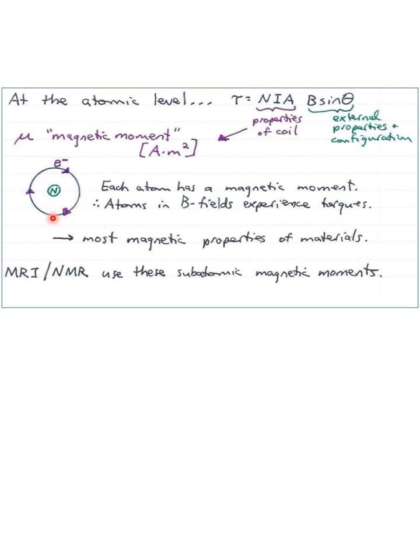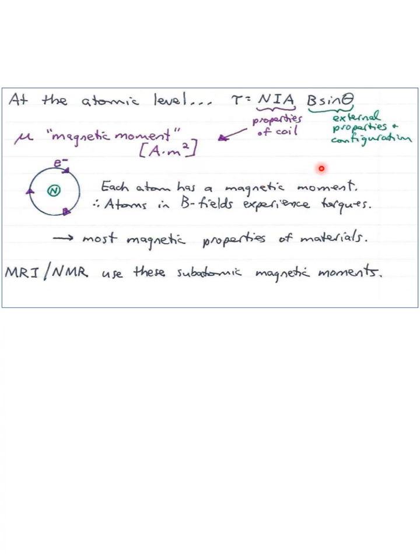So you think you have a moving electron and there is some area there. So those aspects are of the coil, whether we're talking about a washing machine motor or an atom, it's what's called the magnetic moment, and we use the Greek letter mu for that. Its units are in amperes meters squared.